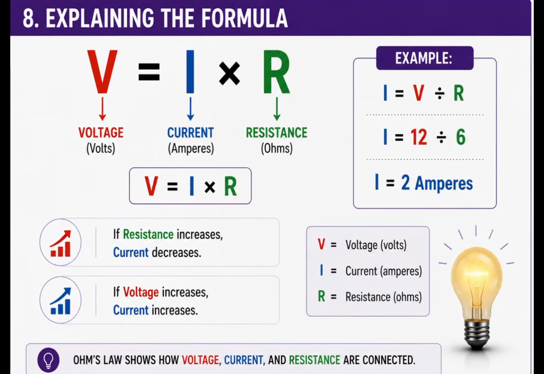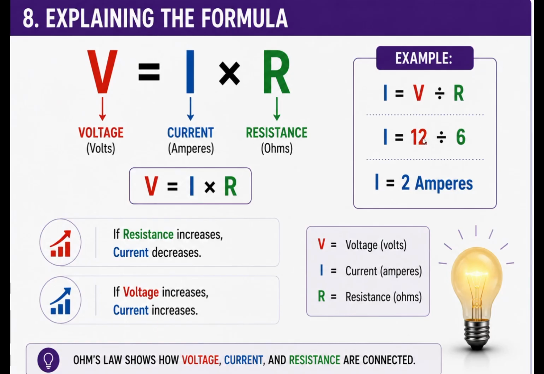So now explaining the formula, like we've said already, the voltage is equal to the current multiplied by the resistance, which emphasizes that if the resistance increases, then the current decreases, and if the voltage increases, the current also increases. So let's look at an example that explains that.